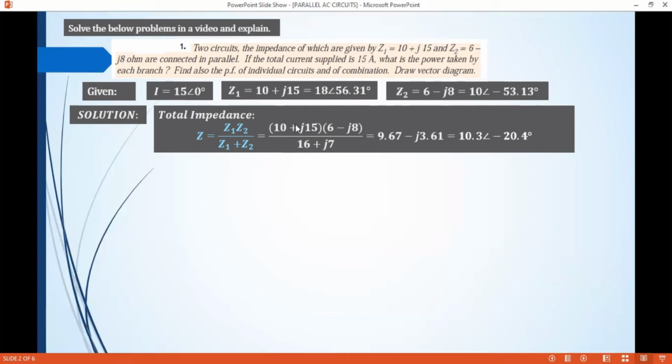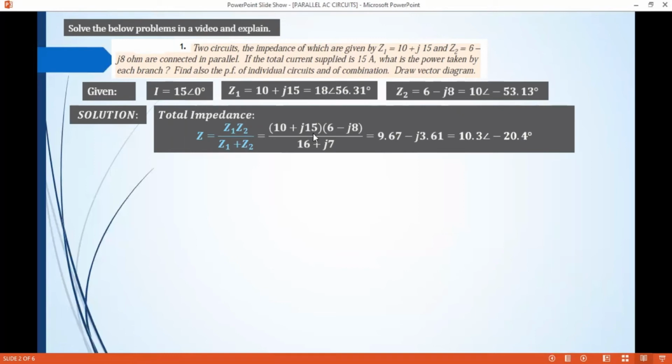What I will put here is the complex form, so the complex form for Z1 is 10 plus J15 multiplied by Z2, which is 6 minus J8. And then to add Z1 and Z2, 10 plus 6 is 16, then 15 minus 8 is 7. So we have 16 plus J7.